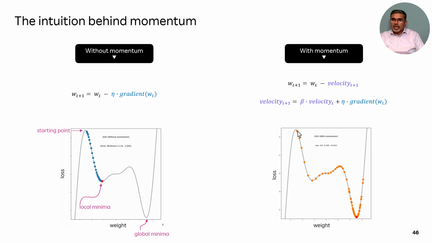So as you're going down the hill in the same direction, essentially the direction is the same, right? Essentially, what you're doing here is you're adding up the velocity. I mean, imagine if you're going from here to here, your velocity will get negated because there's a change in direction.